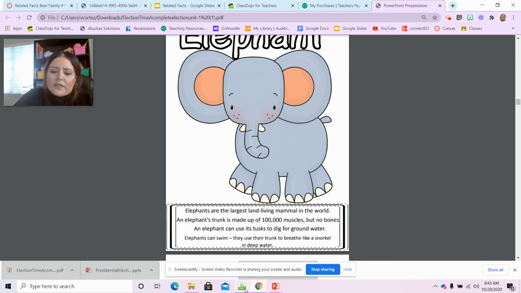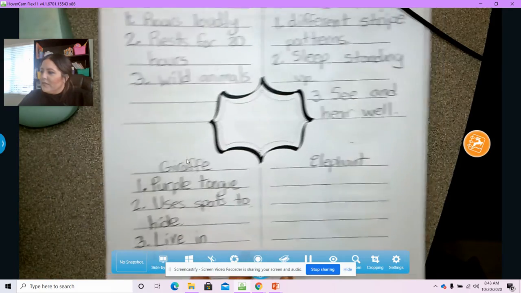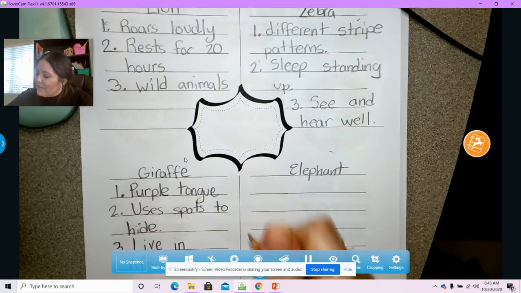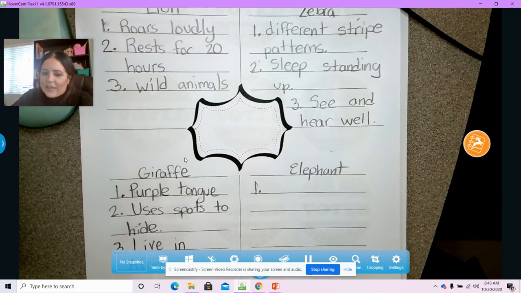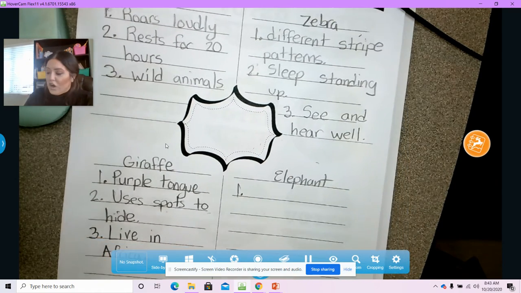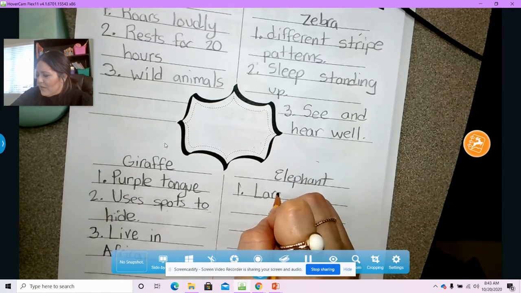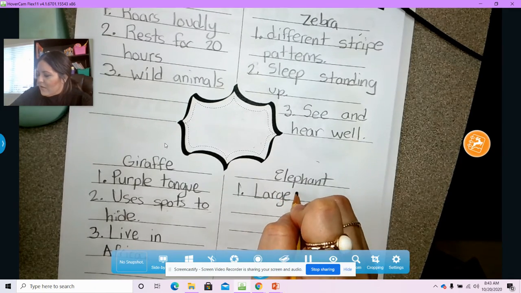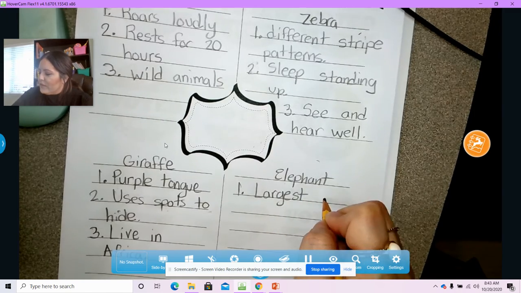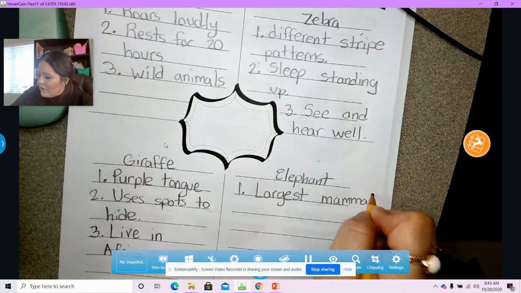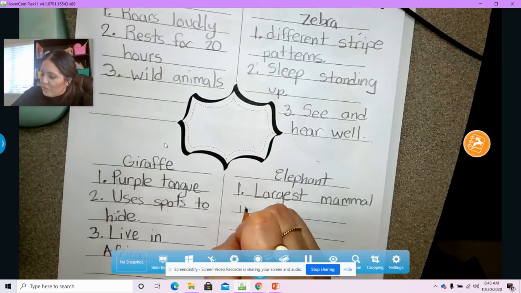All right, so let's write some of our notes. Some of our notes say it's the largest mammal in the world.